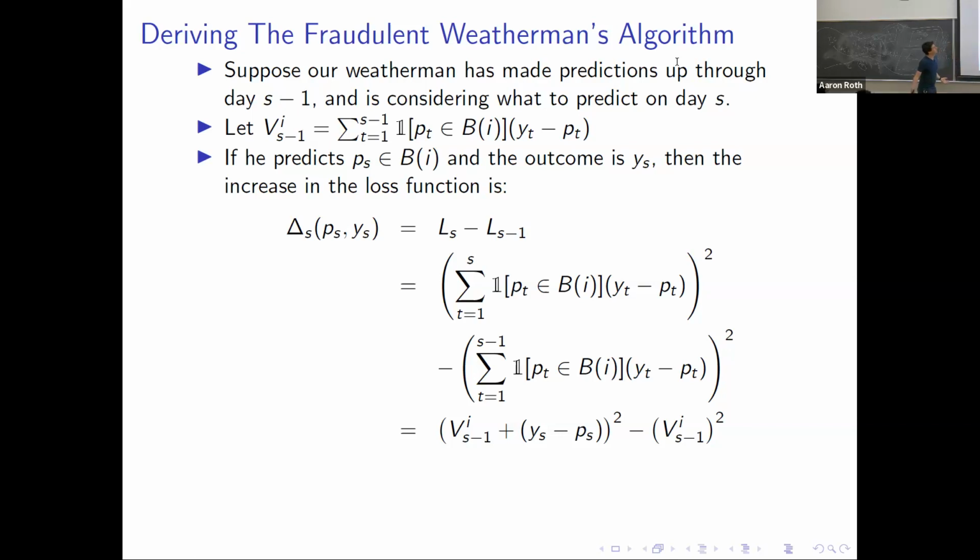And the squared calibration loss in bucket I as of yesterday is just this V_I term, my calibration loss that I've kept track of in bucket I as of yesterday, without the new term from today, squared. Okay, so this is just my change in calibration loss because of what happened today if I predict something in bucket I.